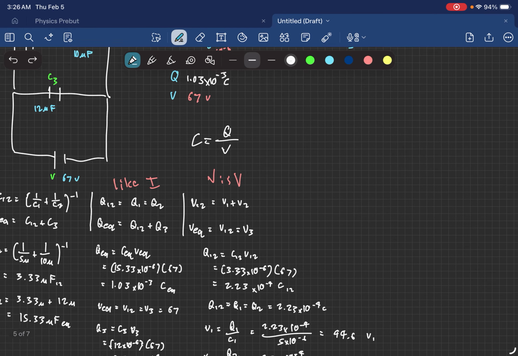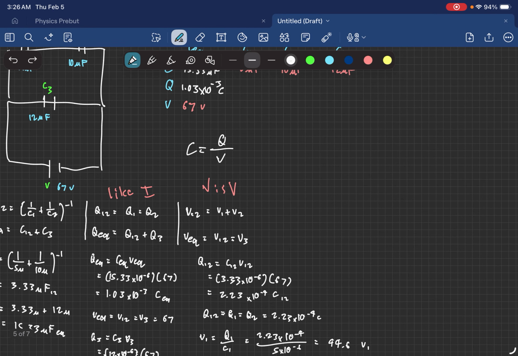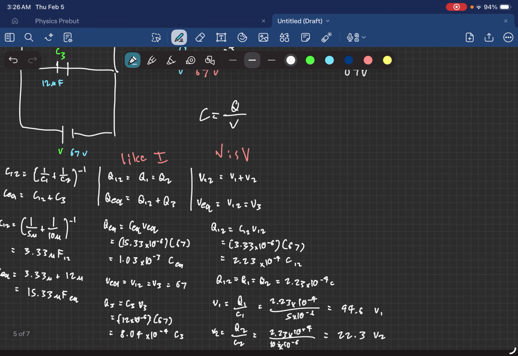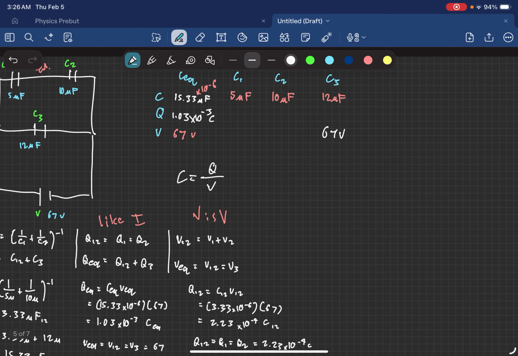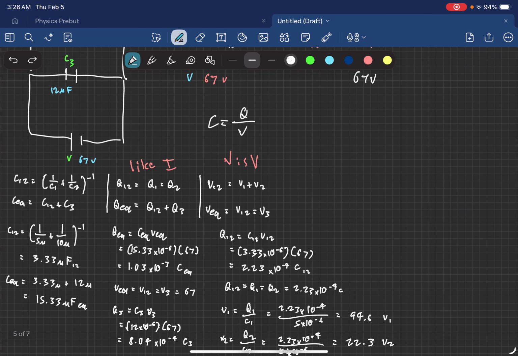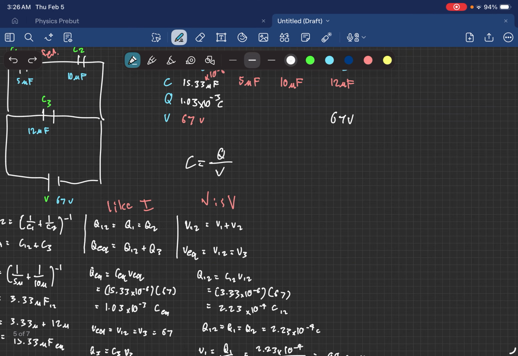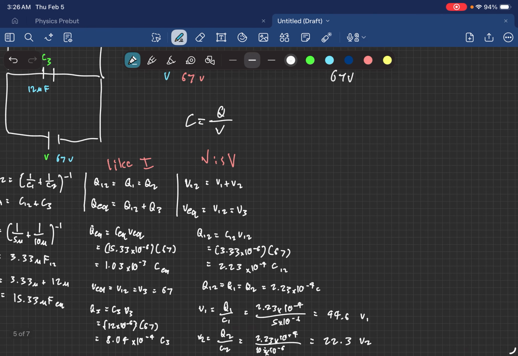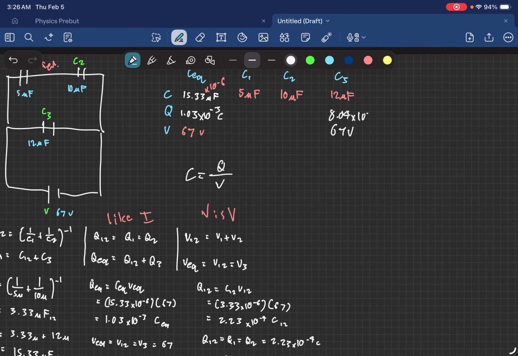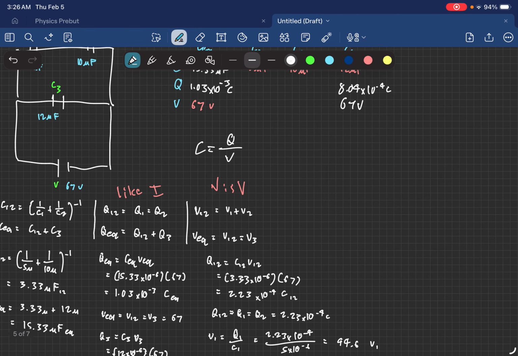So our V3 is 67 volts. Since we have two values, we can get this one. That is 12 times 10 raised to negative 6 times 67, 8.04 times 10 raised to negative 4 coulombs. Pretty simple.